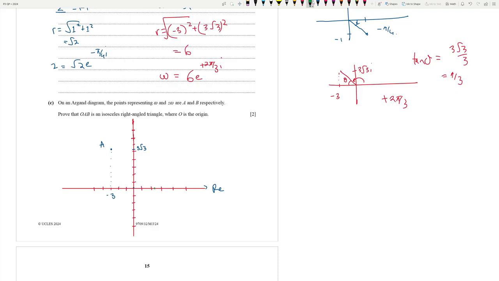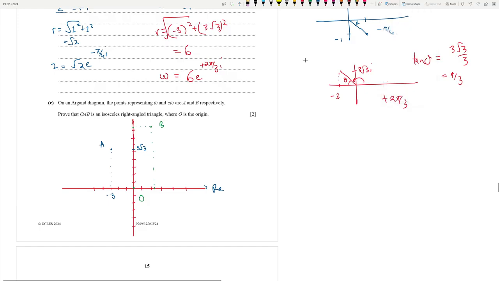1, 2, 3, 4, 5, 6, 7, 8. 8.2 somewhere over here. Okay, so there you go. So this is point B, and we have origin O. So what do we have to prove? That it's an isosceles right angle triangle. Fine.